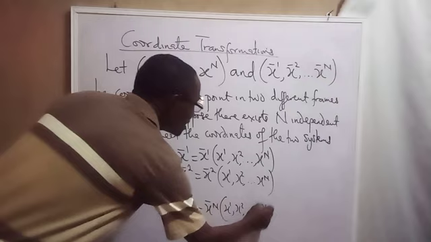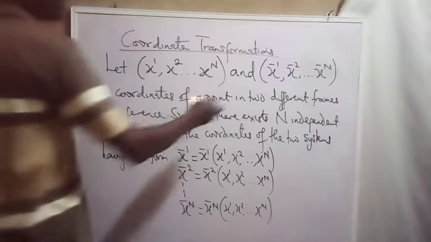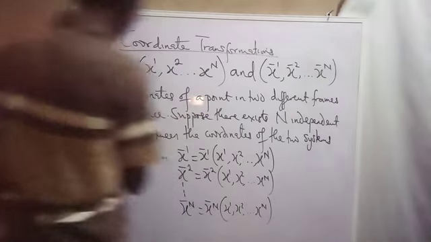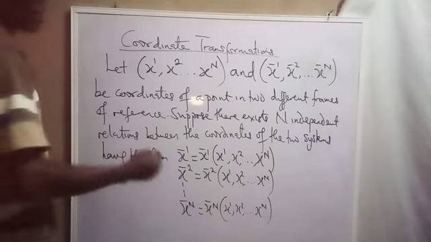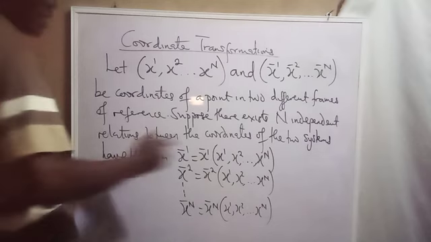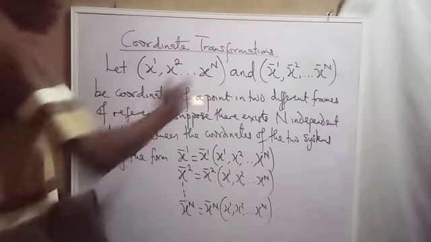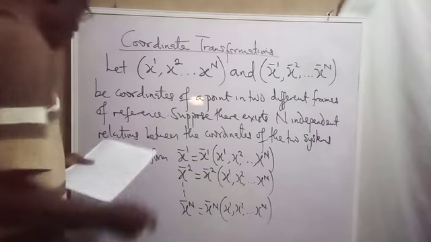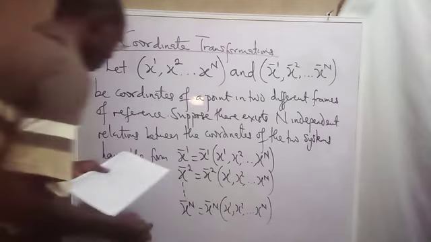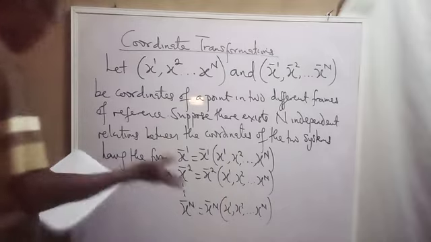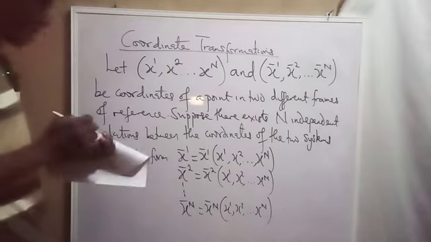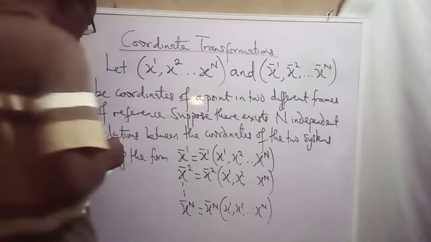If you observe closely here, we are talking about n independent relations. So the dimension of the coordinates is n.